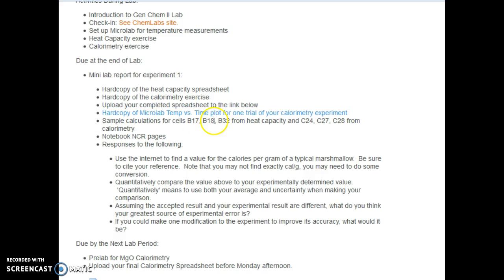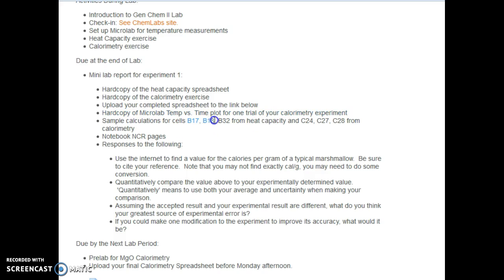Now this is one thing I forgot to tell you to do in lab, so you can do it at the very start of lab or maybe get there a tiny bit early. You're going to open up just one of your plots from the Marshmallow lab and just print it out. So we'll worry about that when you get to lab on Tuesday.